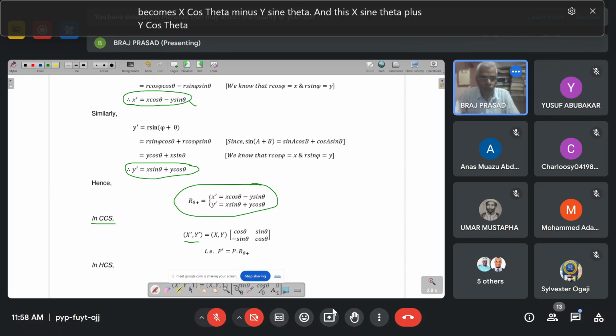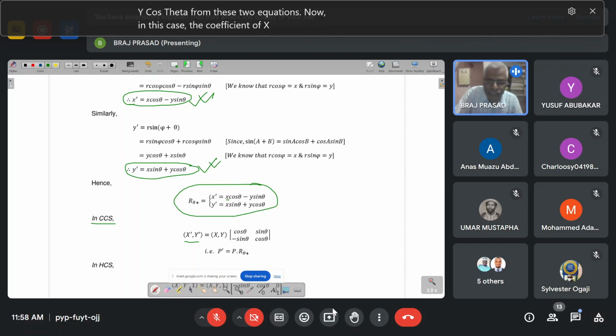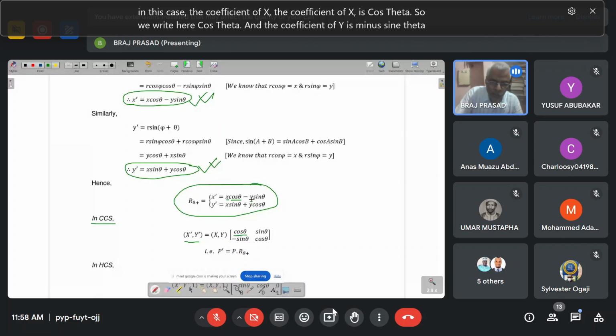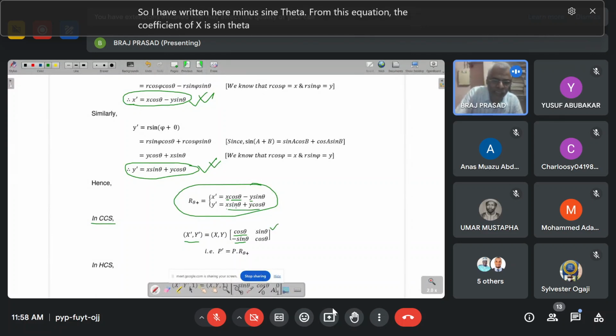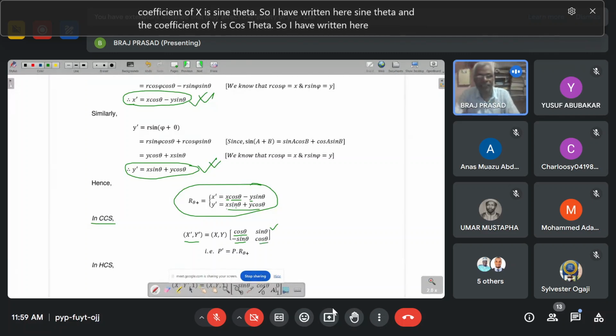In this case, the coefficient of x is cos theta and the coefficient of y is minus sin theta. From the other equation, the coefficient of x is sin theta, and the coefficient of y is cos theta.